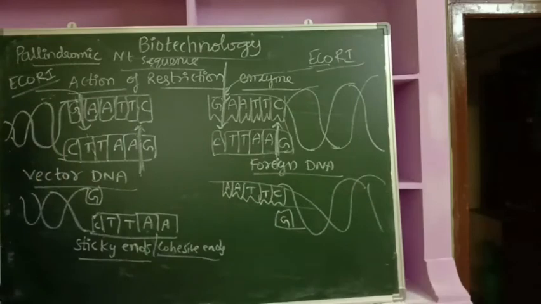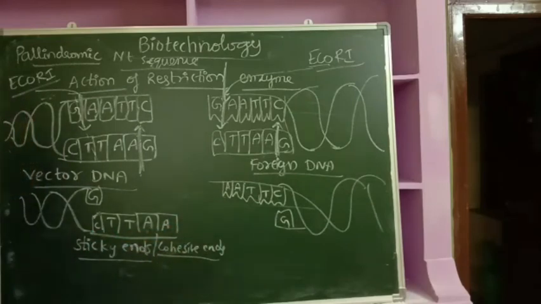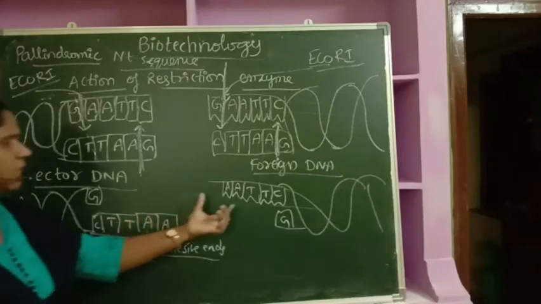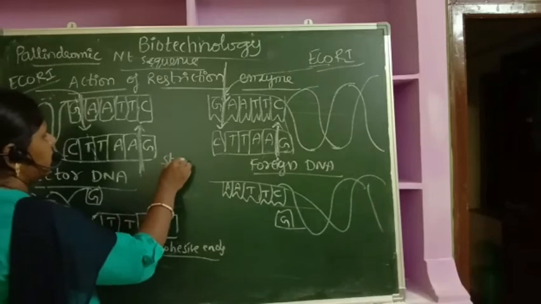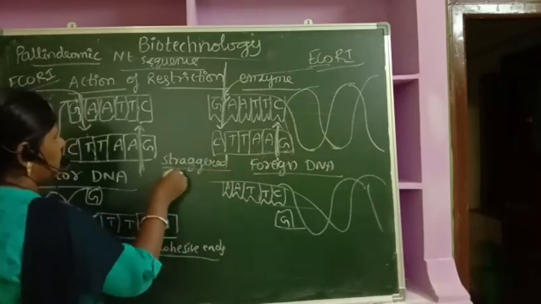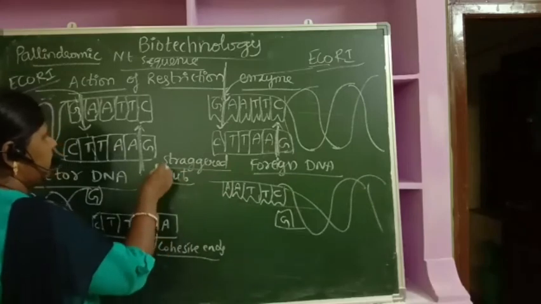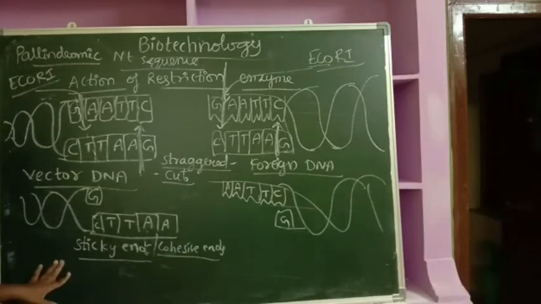Okay. So here also these are called sticky ends or cohesive ends. The unpaired bases are left here. What do you call such a type of cut? Such a type of cut is called a staggered cut.